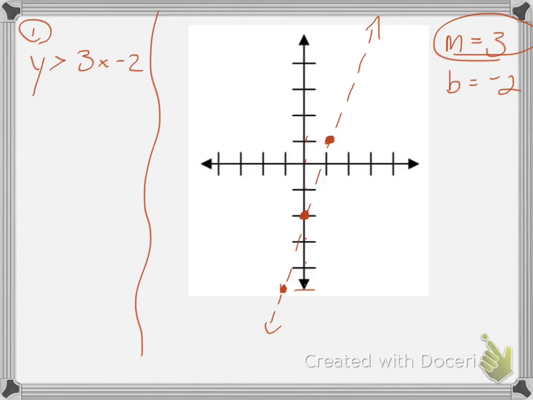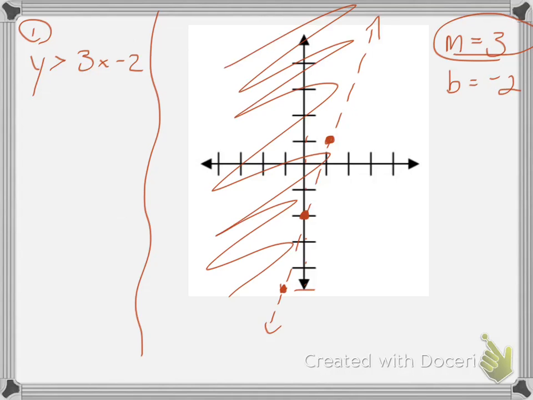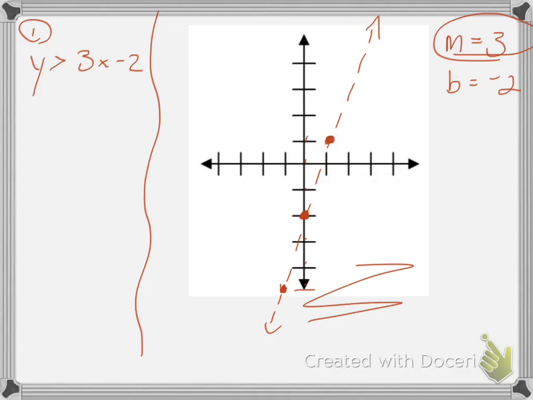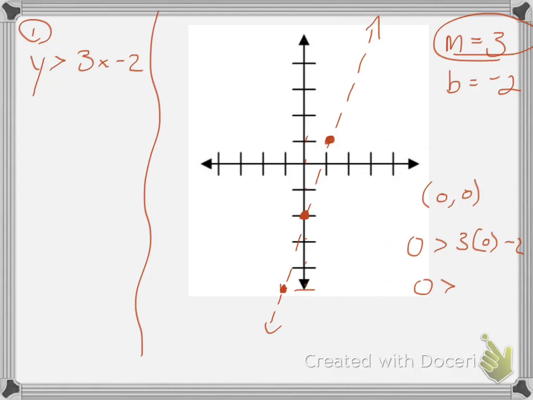And now to pick a point, I need to tell whether this side is going to be shaded or whether this side of the graph is going to be shaded. And what you're really supposed to do is pick a point on the graph that's not on the line. That's important, that's not on the line. So I'm going to pick the point 0, 0. That's always an easy one. If I plug it in, 0 is greater than 3 times 0 minus 2. 3 times 0 is 0, minus 2 is negative 2.